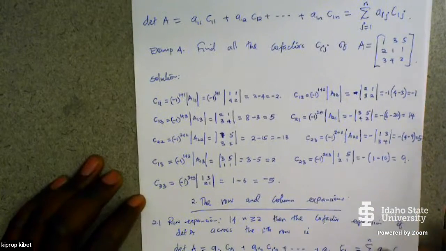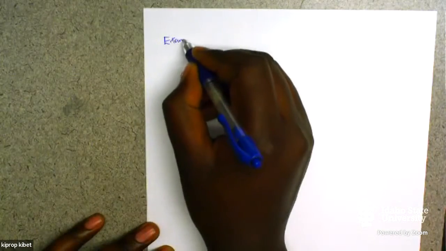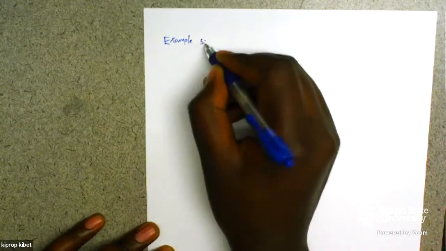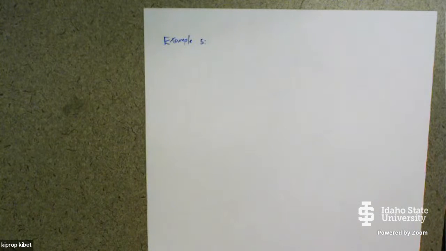For example, example number 5. In your exam, I may or may not ask you this, but I'll show you how you can easily get the determinant when you're given a very big matrix.